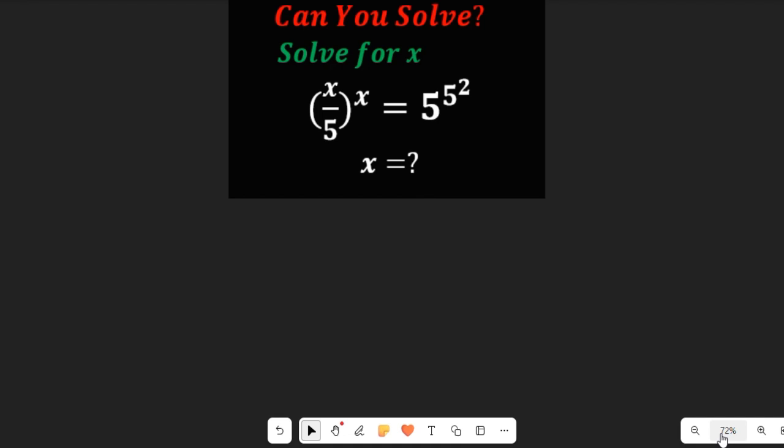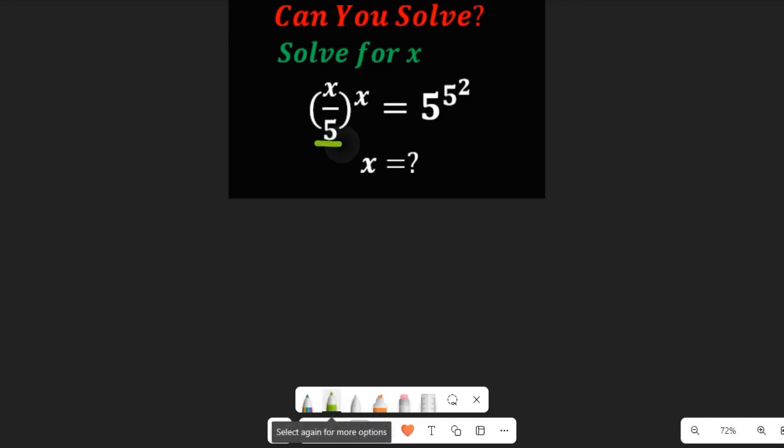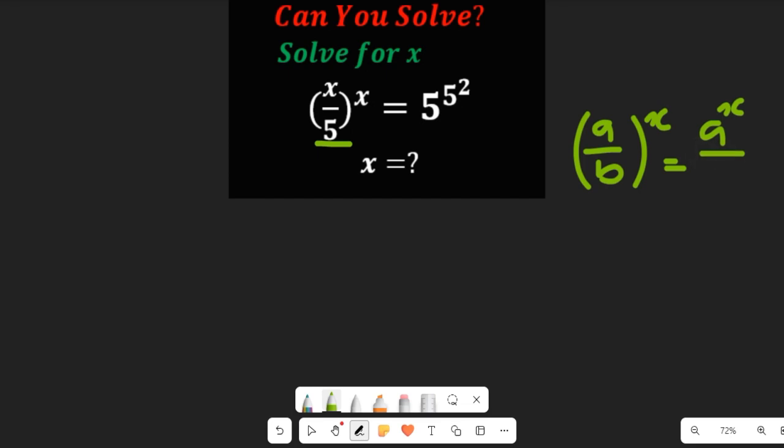Now to solve this, I want us to look at this expression like this, applying the law of indices. Recall that if you have a divided by b, all raised to the power x, this is equal to a to the power of x divided by b to the power of x, right?